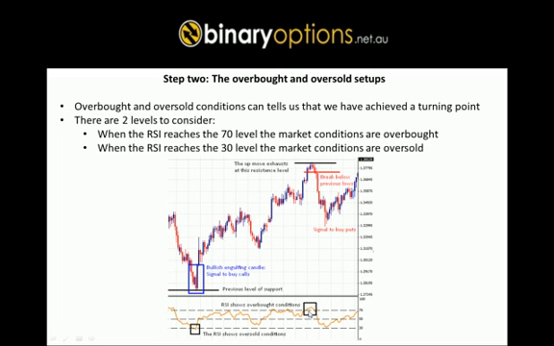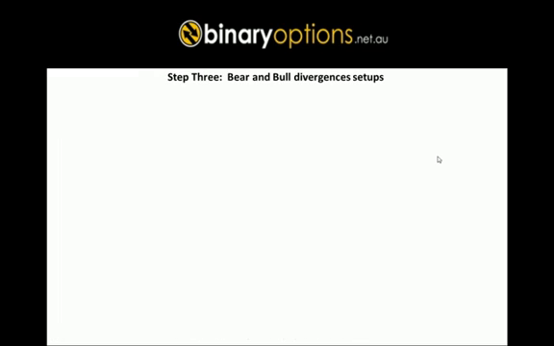The RSI must touch or cross over the 70 level and then cross back down for us to get a clear signal to buy puts, and on the other side, the RSI must touch or cross below the 30 level and then cross back up for us to have a clear signal to buy calls.